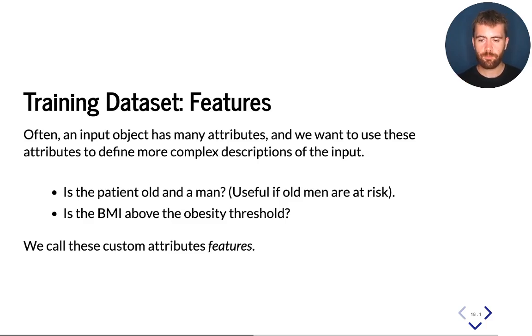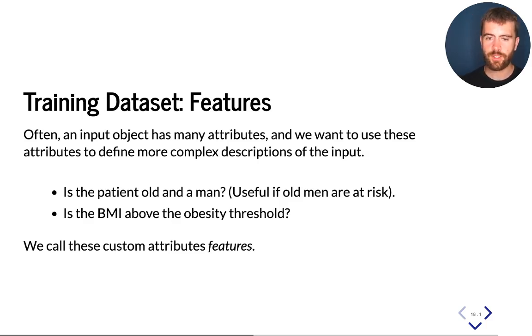Now, you can see that this is a way for us to encode our prior knowledge about what is useful for a machine learning algorithm, and it is a very powerful idea. Very often we can make machine learning algorithms much more effective by creating rich and interesting features for this algorithm to use.